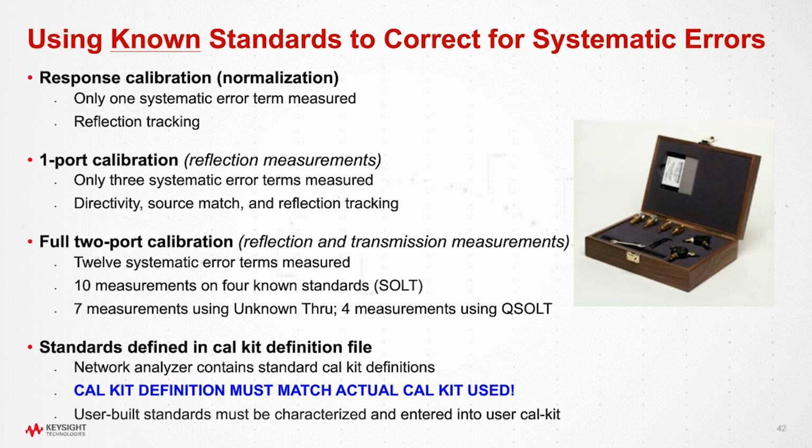So for example, if you're just doing a response calibration, you're basically normalizing your measurement to a known device. So you really only need a through connection for that. And then for 1-port calibration, you need an open, a short, and a load. And then the full 2-port calibration requires 10 measurements using these different pieces in different configurations between the 2 ports.